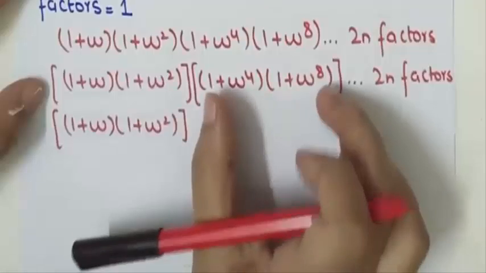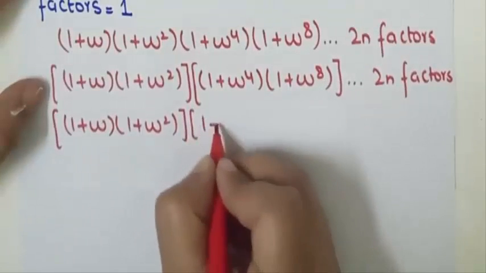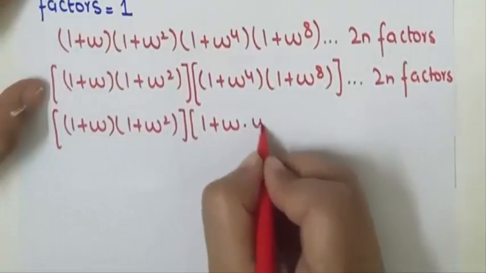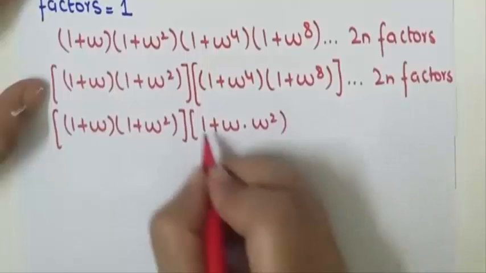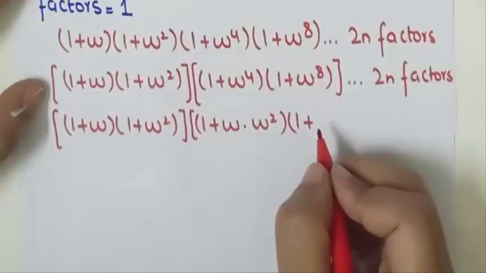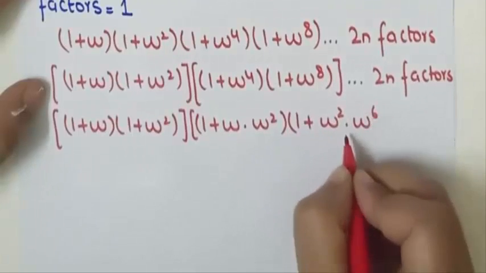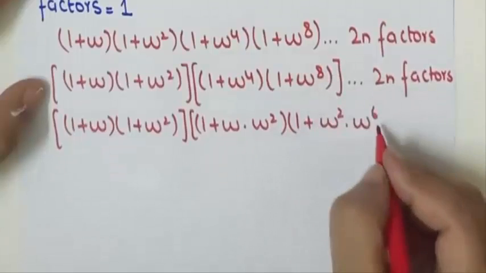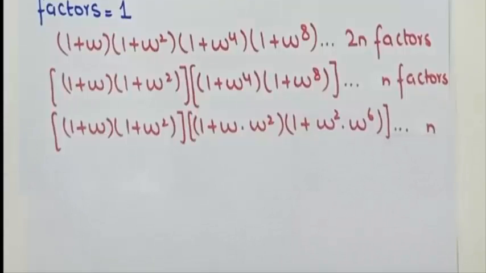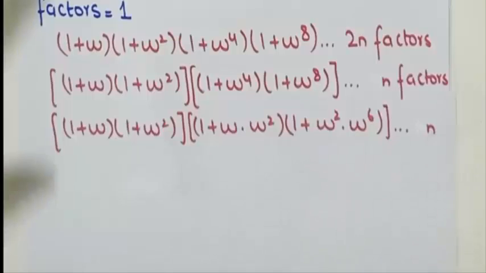We will solve this term first. And how will we solve it? 1 plus omega 4, which means we can write it as 1 plus omega into omega square. 1 plus omega 8, which means we can write it as omega 2 into omega 6. Bases are the same, so their powers can be up to n factors. This is one factor, this is another, and so on up to n factors.